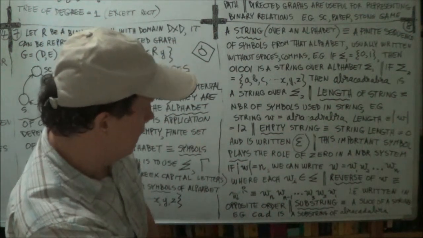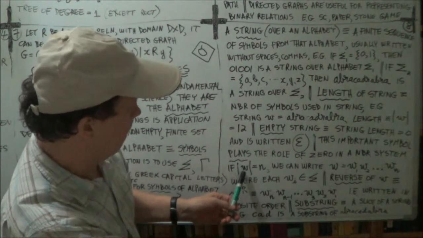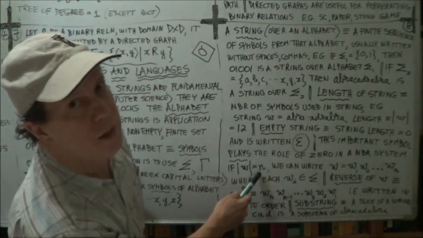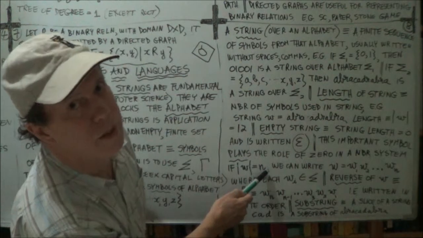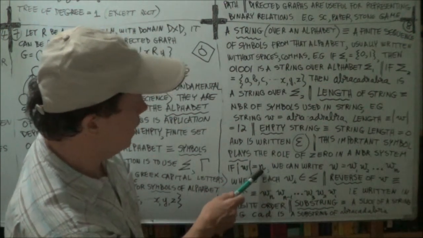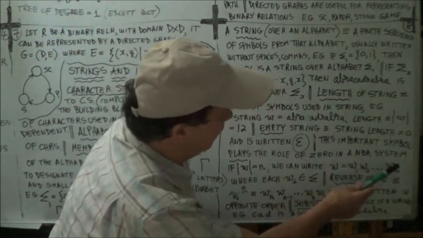Okay. Now you can take a string, let's say string W, and let's say its length is n. So it has n, little n, symbols in the string. It's this sequence of symbols, and its length is n. So you can rewrite this string in the following way.